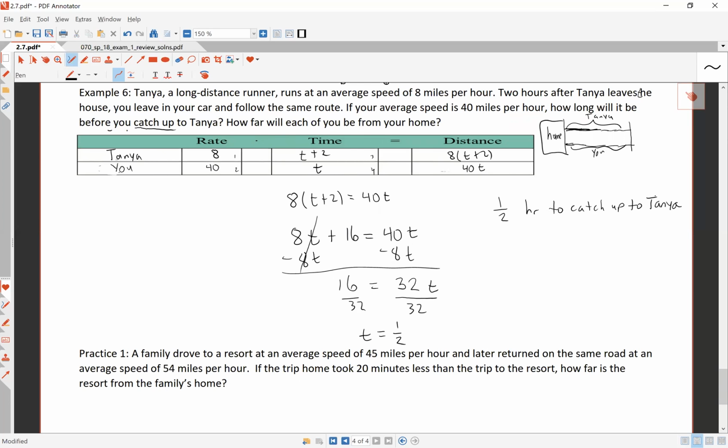Tanya will have traveled for 2 more hours, so she travels for 2.5 hours, or she runs for 2.5 hours. But we were asked just for the half hour.